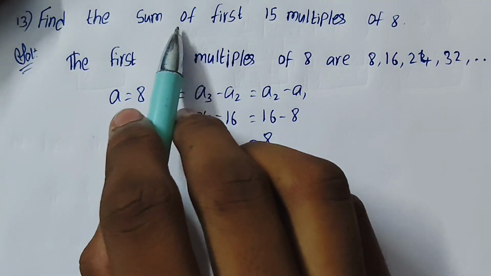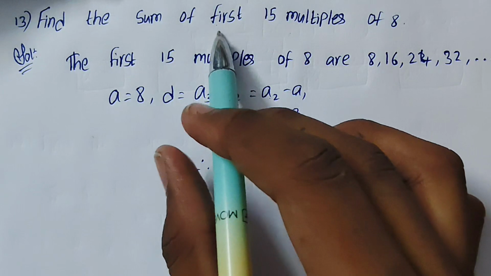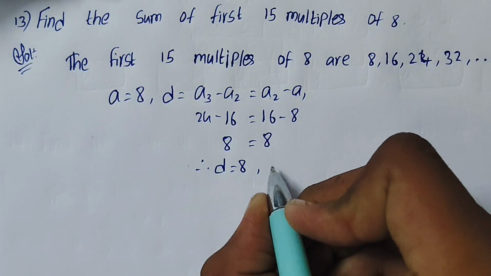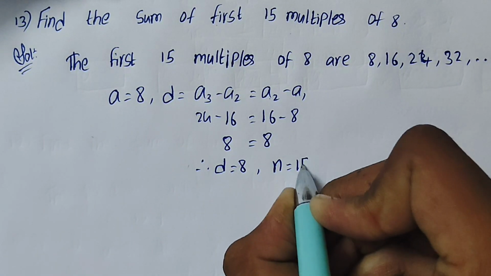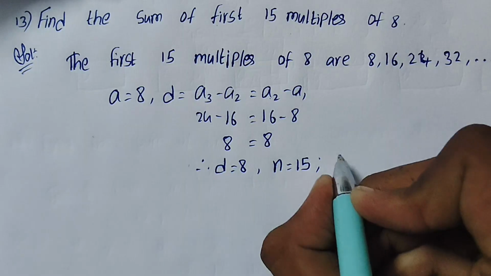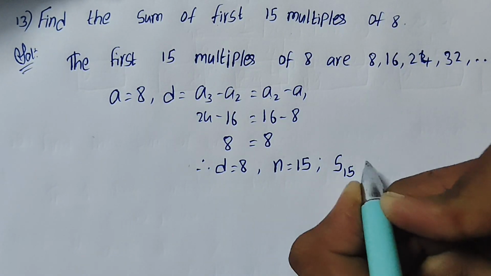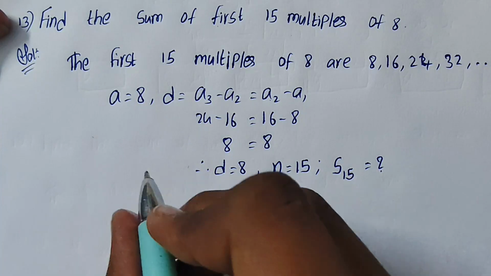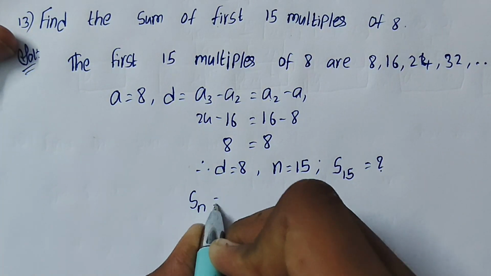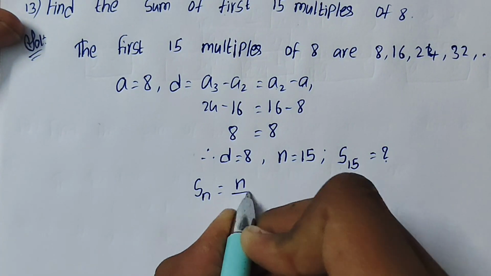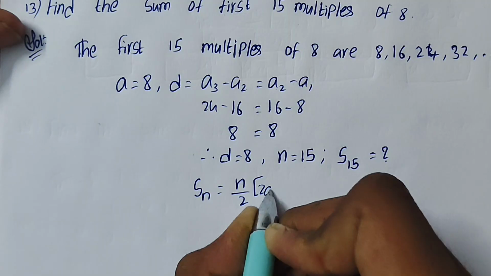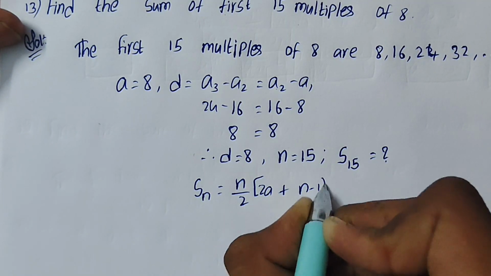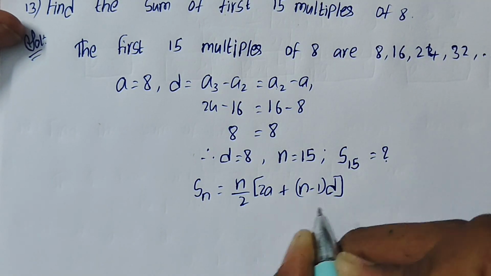Now, sum of first 15 multiples means the value of n is equal to 15. They ask you to find S15. We know the formula of Sn, that is n by 2 into 2a plus n minus 1 into d.